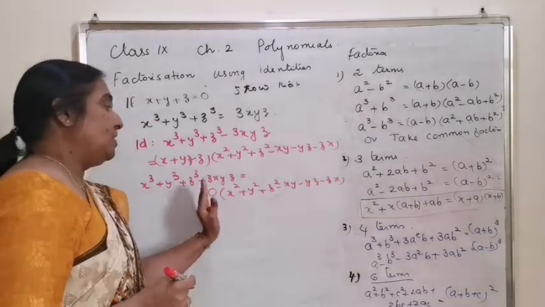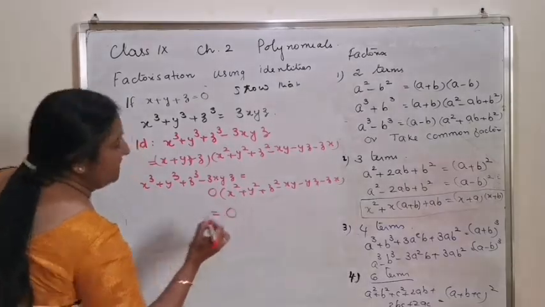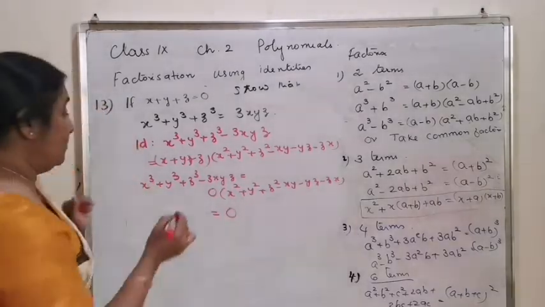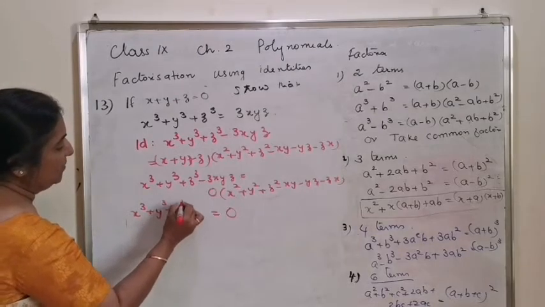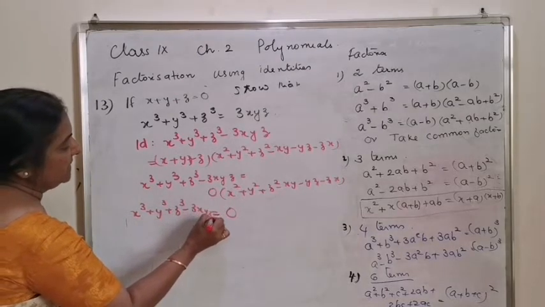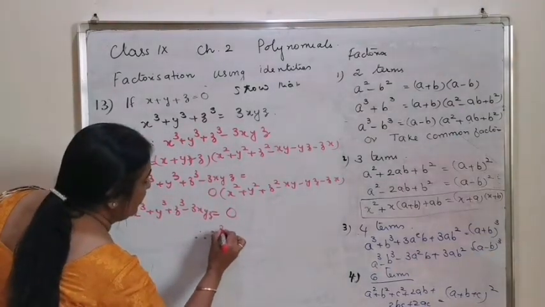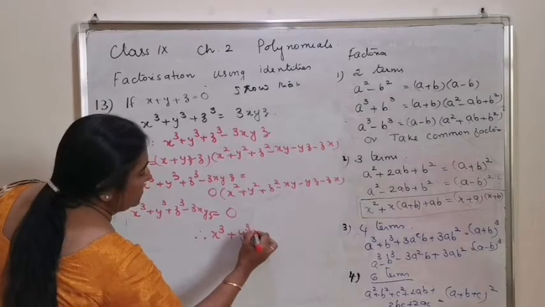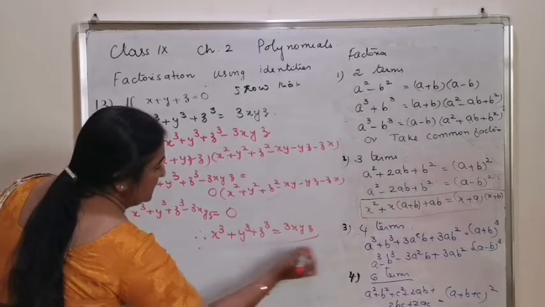What is 0 multiplied by any number? 0 multiplied by any number is always 0. That is, x cube plus y cube plus z cube minus 3xyz equal to 0 gives you x cube plus y cube plus z cube is equal to 3xyz.